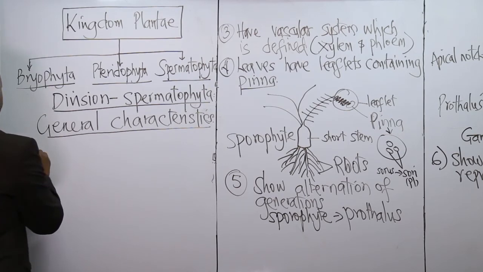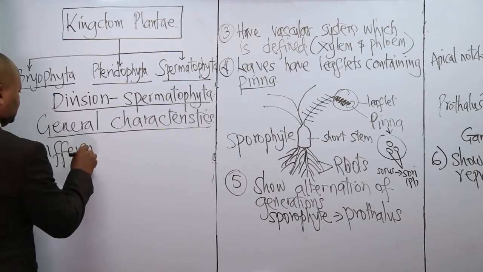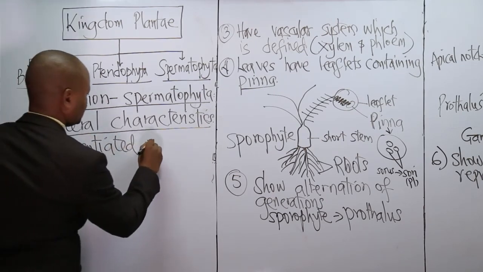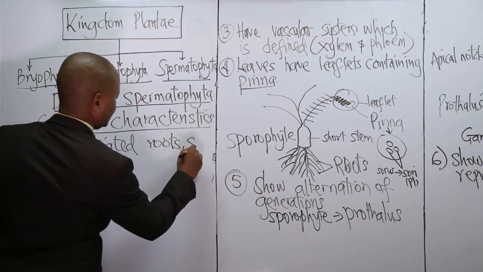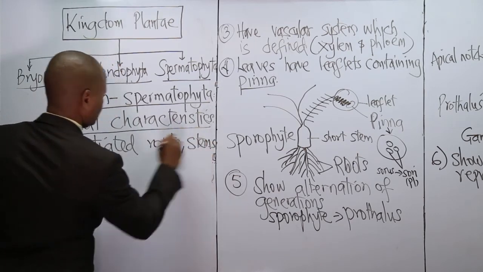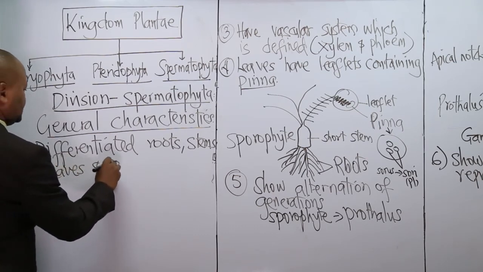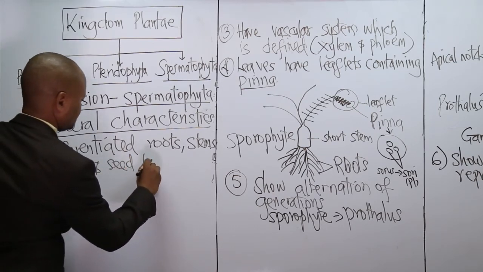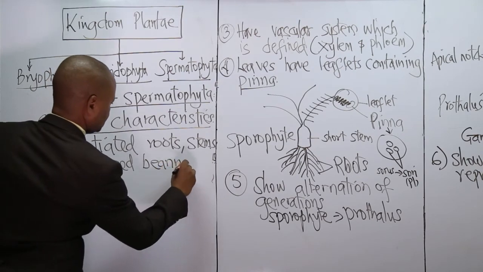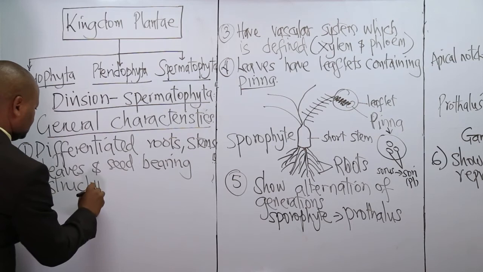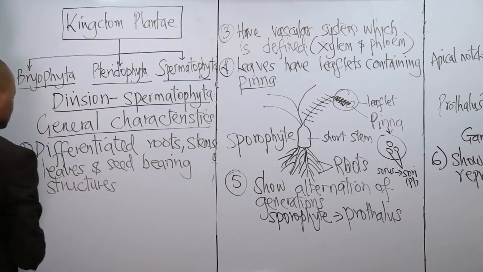So they are differentiated into roots, stems, leaves, and seed-bearing structures.